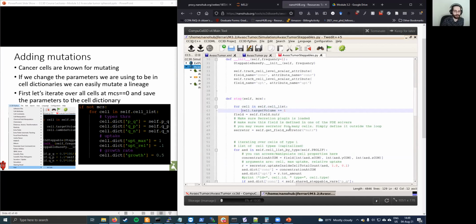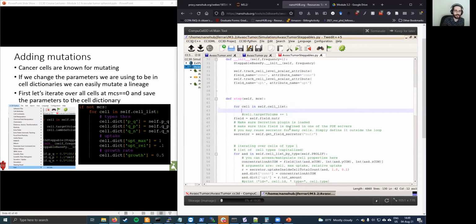But I don't want the cells to grow here, so I'll keep that part commented out. Every cell is now going to have a dictionary attribute called growth, which is how fast it can grow, and I'm going to set that to be 0.5.